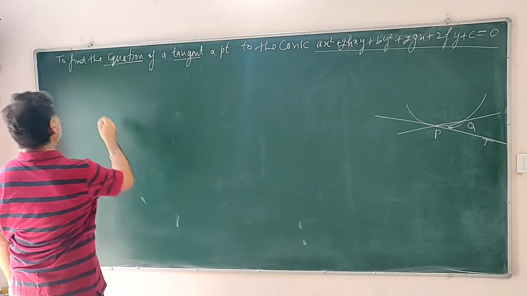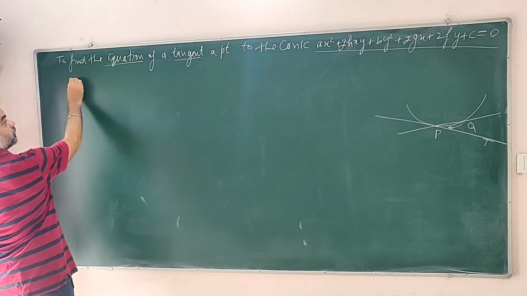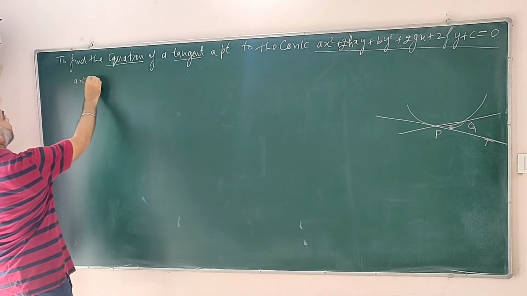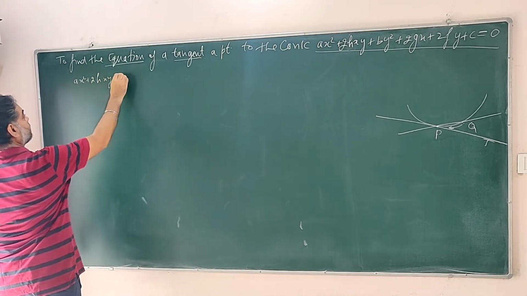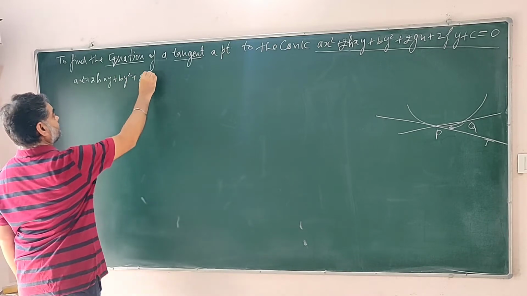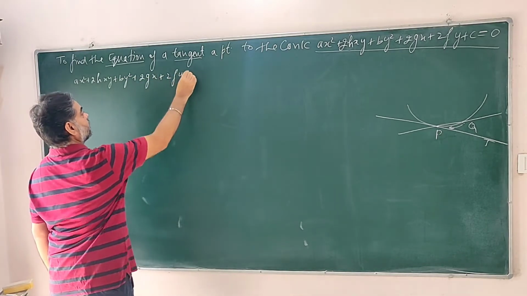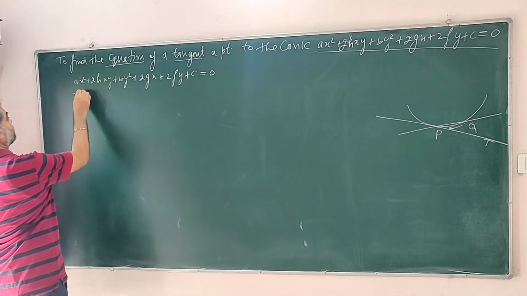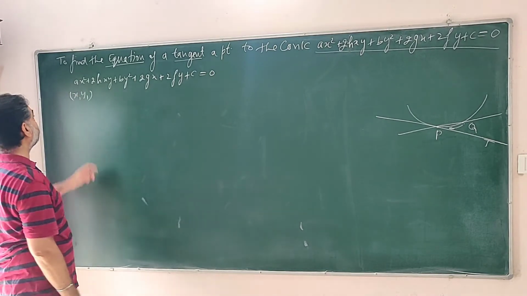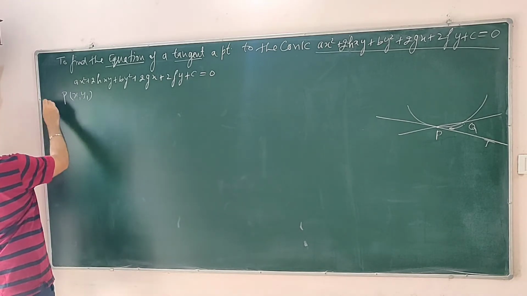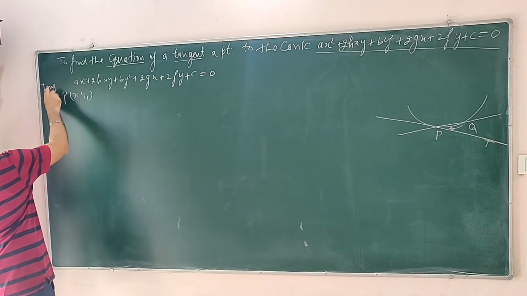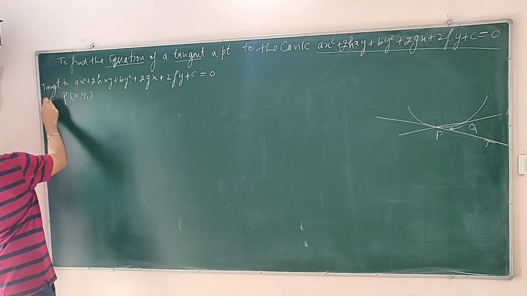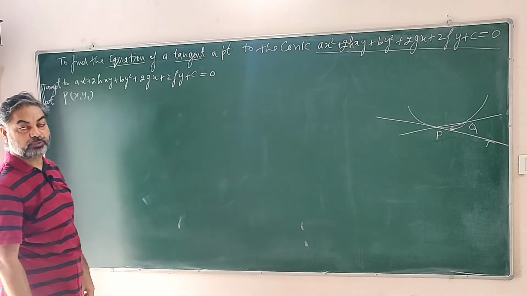So the equation of the conic is ax square plus 2hxy plus by square plus 2gx plus 2fy plus c equal to 0, and suppose the given point is x1 y1 and we have to find the tangent to this conic at the point P, at the point x1 y1.